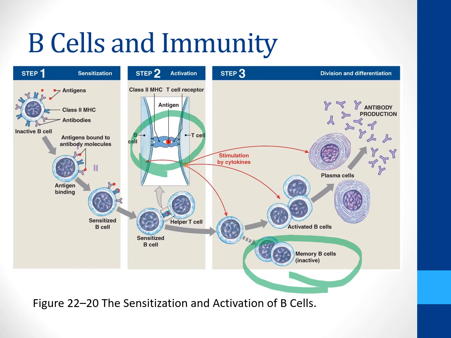So those clones are all going to be sensitive to that same antigen. And the other thing it's going to do is make activated B cells. Activated B cells differentiate into plasma cells, and plasma cells are going to create all of these different antibodies.